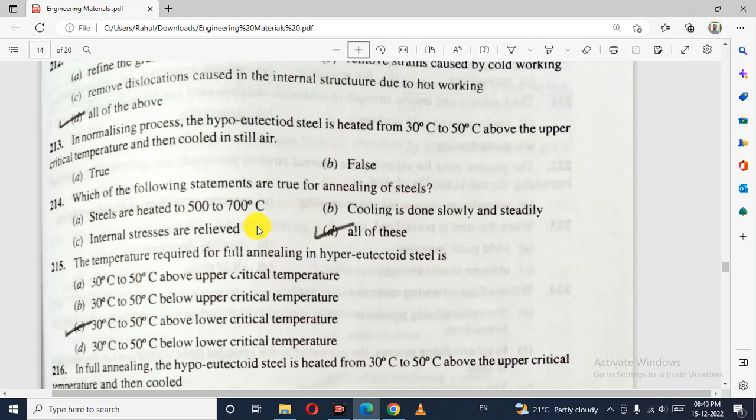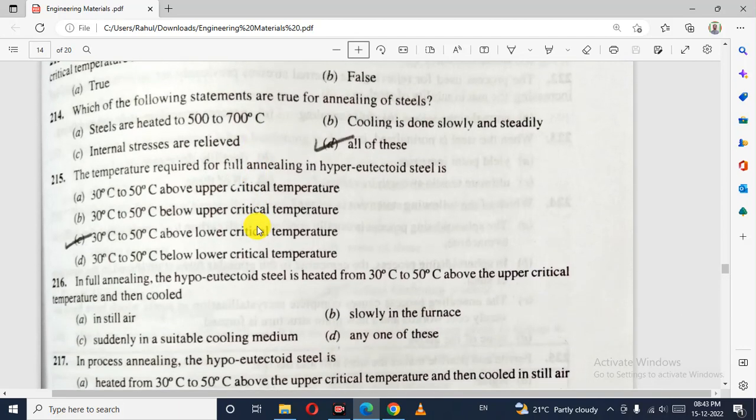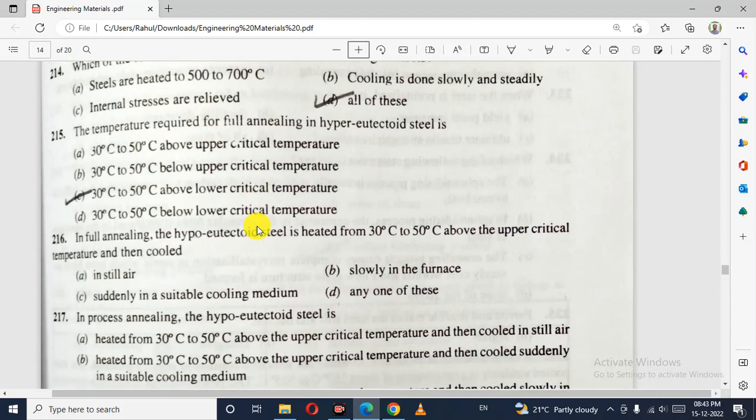In a full annealing, the hypoeutectoid steel is heated from 30 to 50 degrees Celsius above upper critical temperature. Then it's cooled slowly in the furnace.